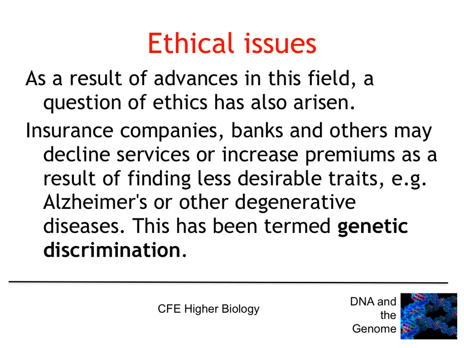And how will that affect somebody's ability to get insurance? That would affect their ability to get a mortgage as well. Also, I've put down here, banks and others might decline services if you've got some sort of undesirable trait, or if predictive medicine shows that you're likely to develop Alzheimer's later in life.